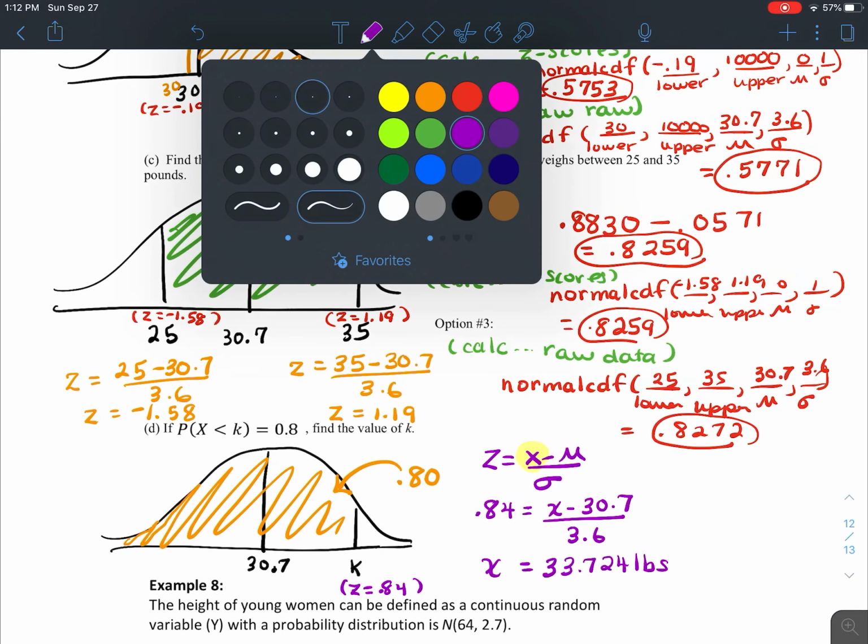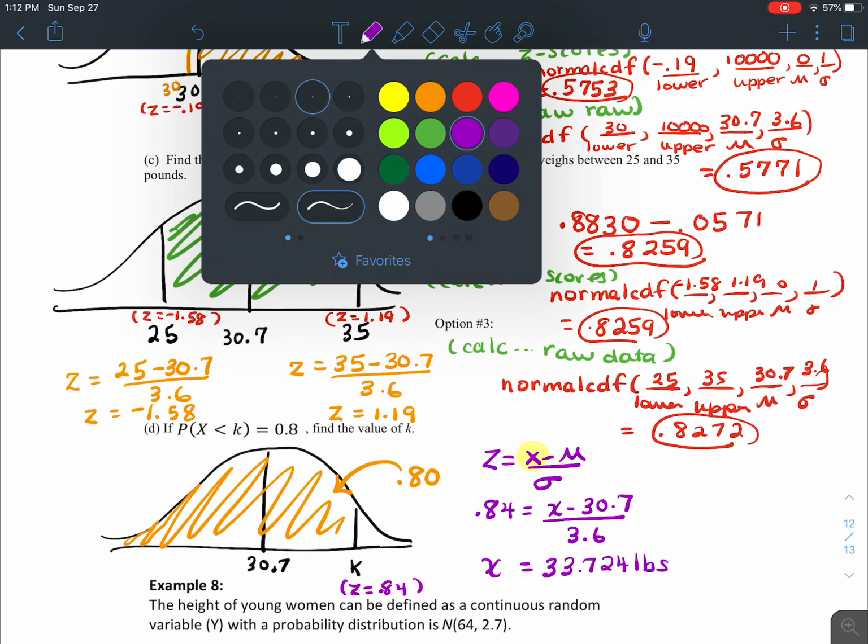Okay, the other way of doing this is you could use the inverse norm feature on the calculator. If you use the inverse norm feature, I'm just going to slide this over here. It looks for 3 inputs here. You have to designate the area to the left, which clearly would be the 80% for us in this problem.